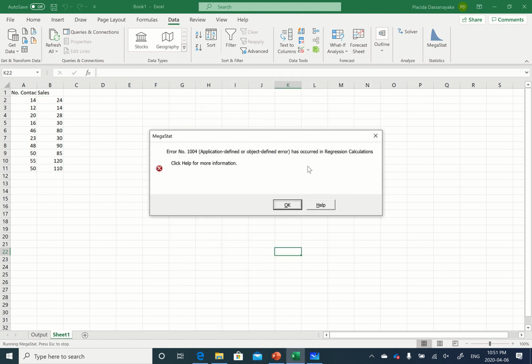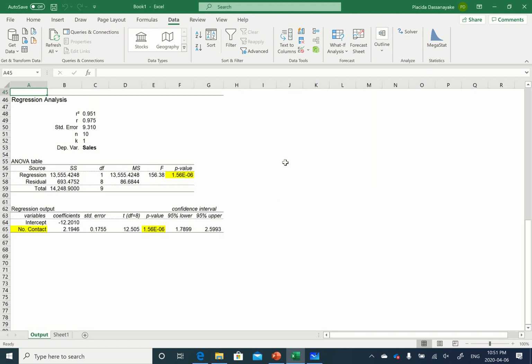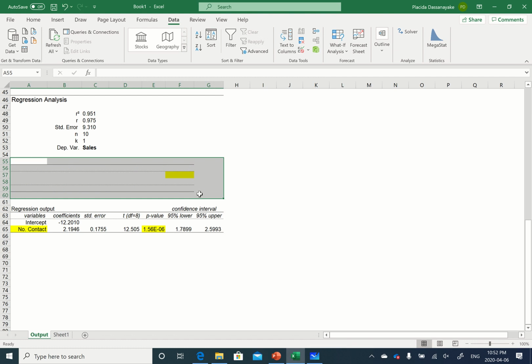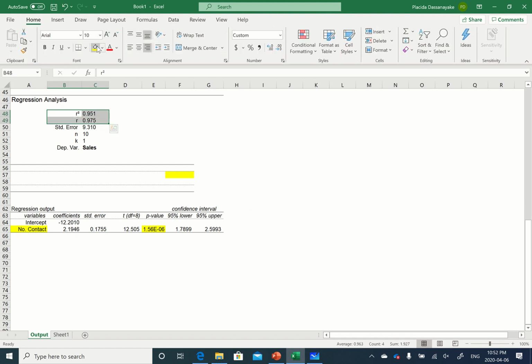Oops. What is this? Let's see. Okay, worked. And the ANOVA table, this part, disregard it. We are not going to do that. I'm going to get rid of it. And then up here you have the correlation coefficient and coefficient of determination.